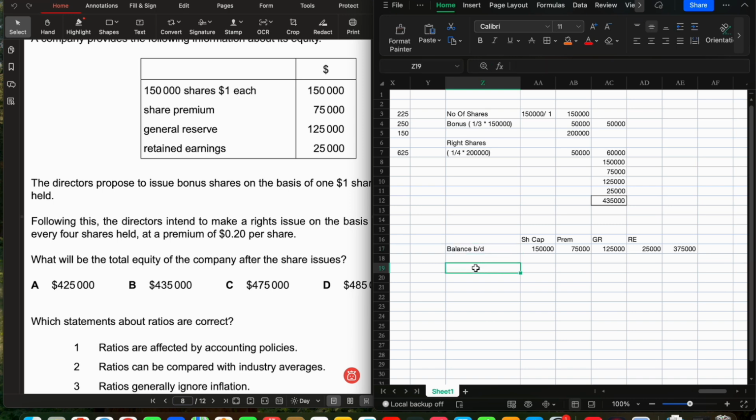And then we issue bonus shares. So we are issuing 50,000 worth of bonus shares, so we add 50,000 here. We take this 50,000 from my share premium. No effect on total.